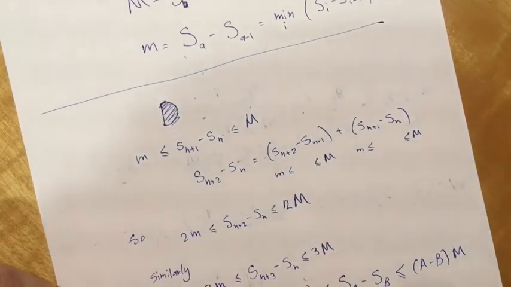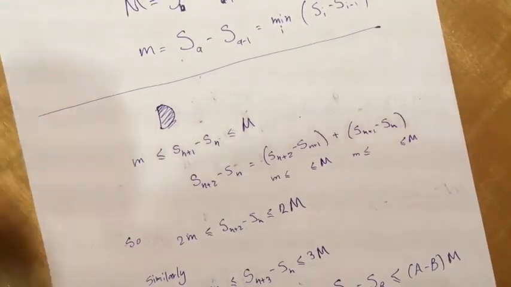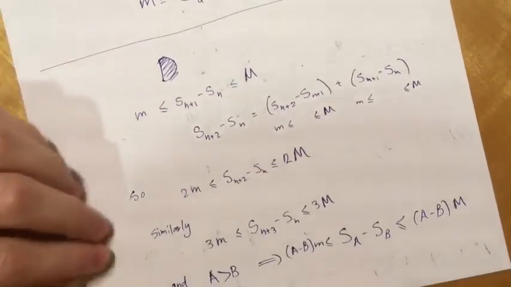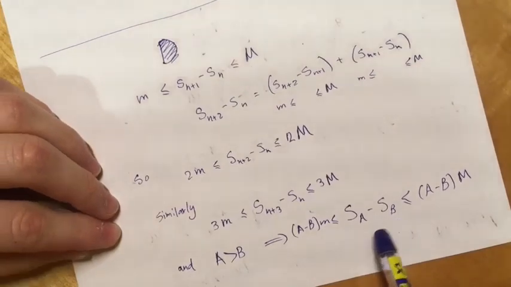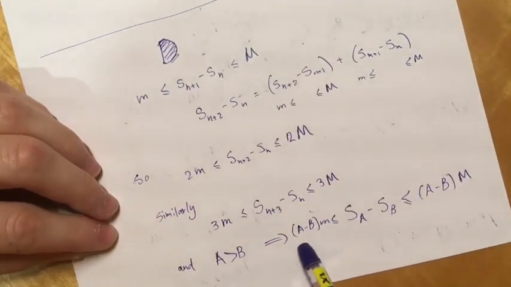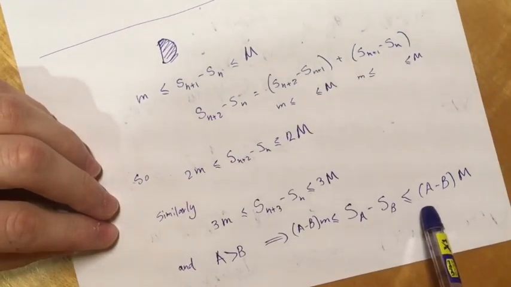Now similarly, Sn plus 3 minus Sn is always bounded above by 3 capital M, bounded below by 3 small m. And we can induct on this, or following the same approach, we can say whenever A is bigger than B, then Sa minus Sb is bounded below by A minus B times small m, bounded above by A minus B times capital M.